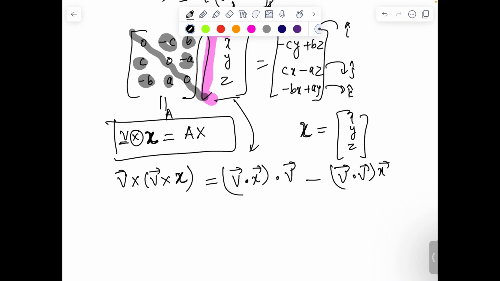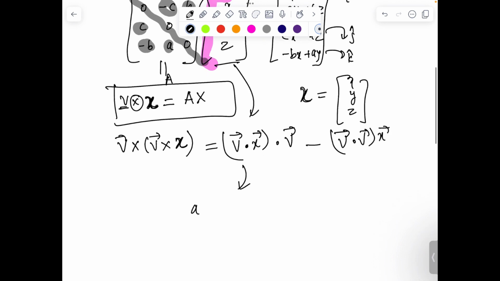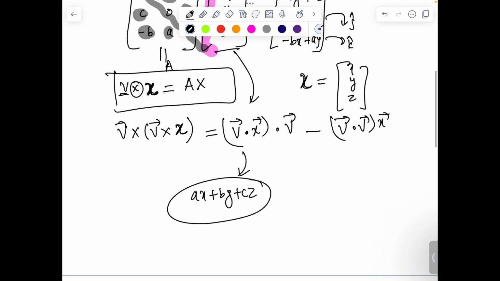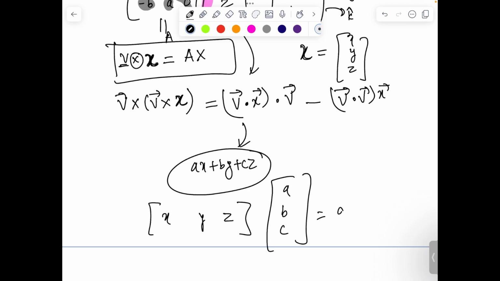It's not very hard to see, as we can also represent the dot product in matrix form. And what is b dot x? That's going to be ax plus by plus cz. So we can think of v dot x like this: if I think of a matrix (x, y, z) and multiply it with (a, b, c), clearly this is the dot product, ax plus by plus cz, because it gives a 1 cross 1 matrix.